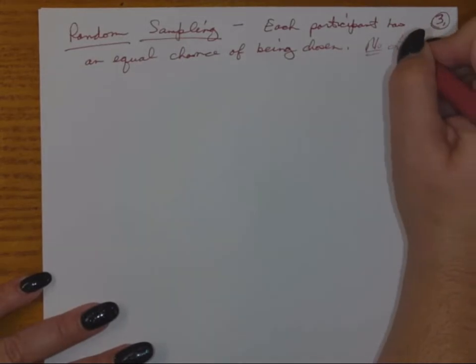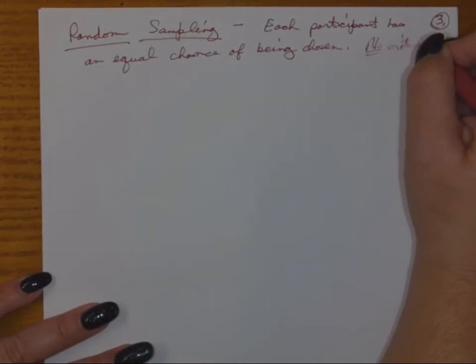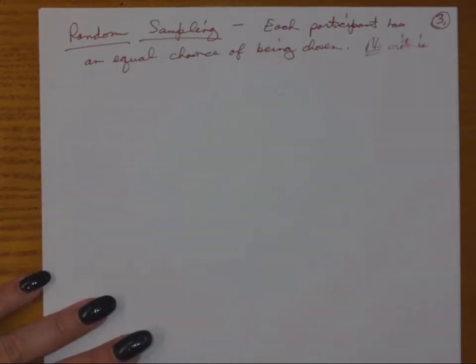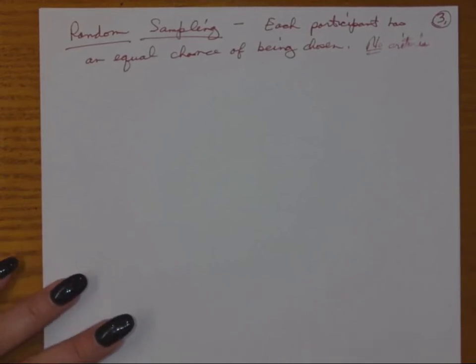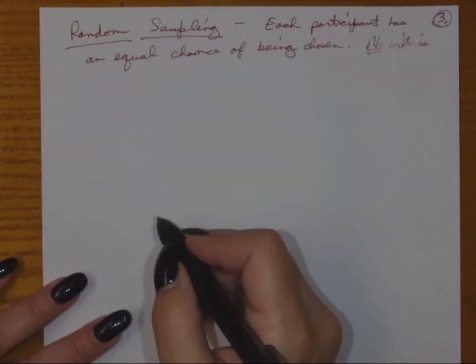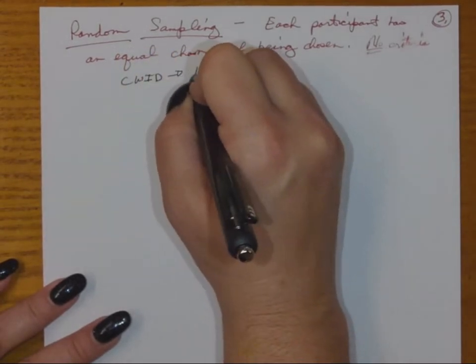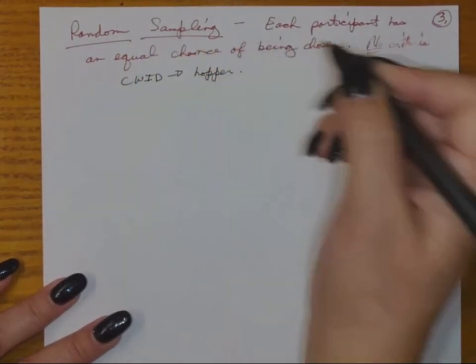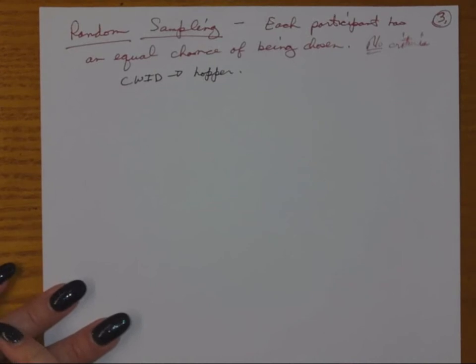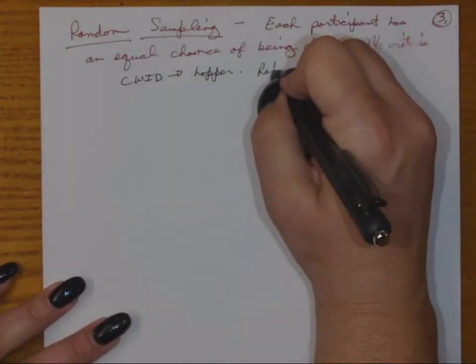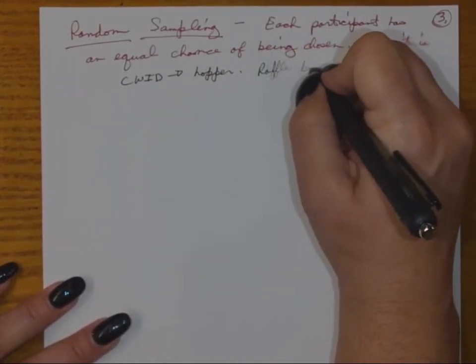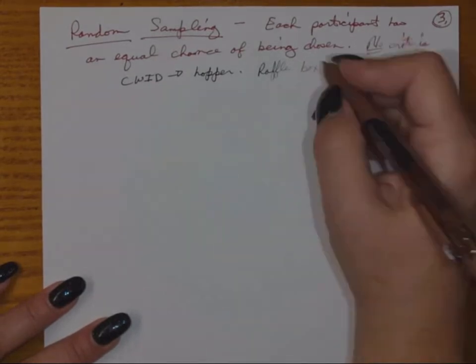Okay. In our case, if this was A&M Commerce students and I was trying to do the favorite color study, then I would just throw all the campus-wide IDs into a hopper, like a bingo hopper. Okay, pieces of paper into a raffle box, that kind of thing, right?